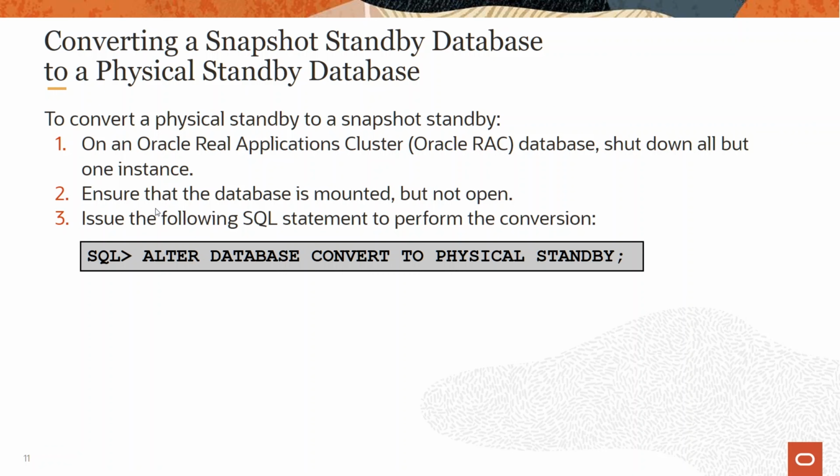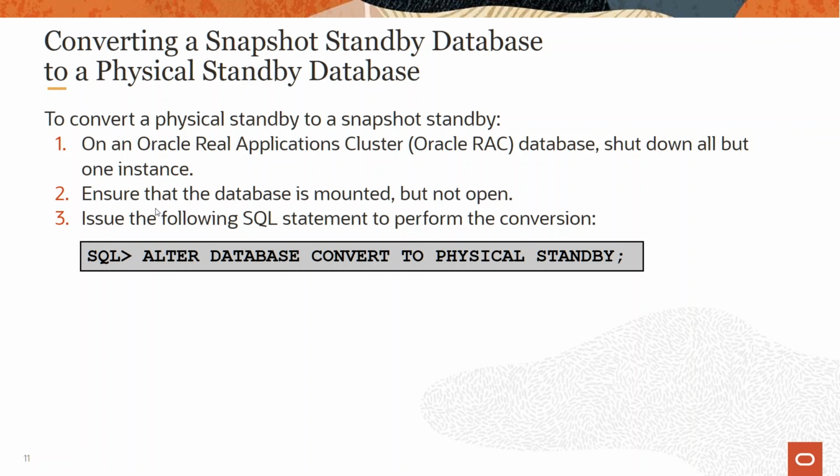So that's why your snapshot standby database cannot be the only standby database, because all the time your primary database will go down. And it cannot be a target of a switchover. And also, it cannot be a fast-start failover target. So it's a good idea to choose a secondary physical standby database as a snapshot standby database.